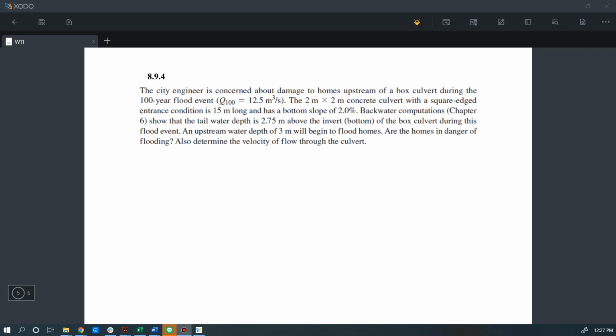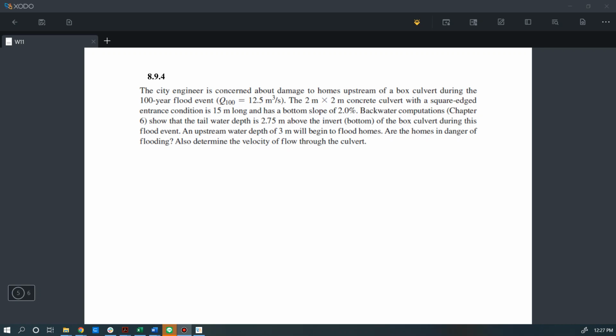In this problem, the city engineer is concerned about damage to homes upstream of a box culvert during the 100-year flood event, which has a flow rate equal to 12.5 cubic meters per second.